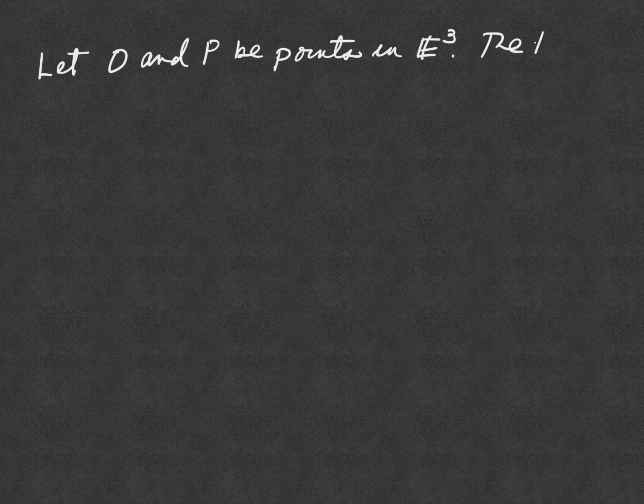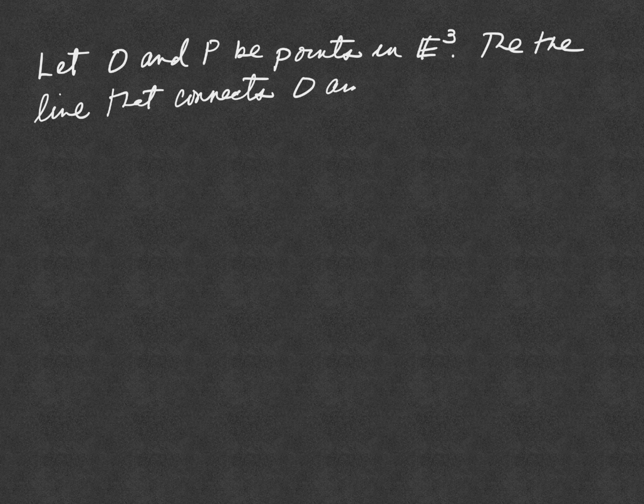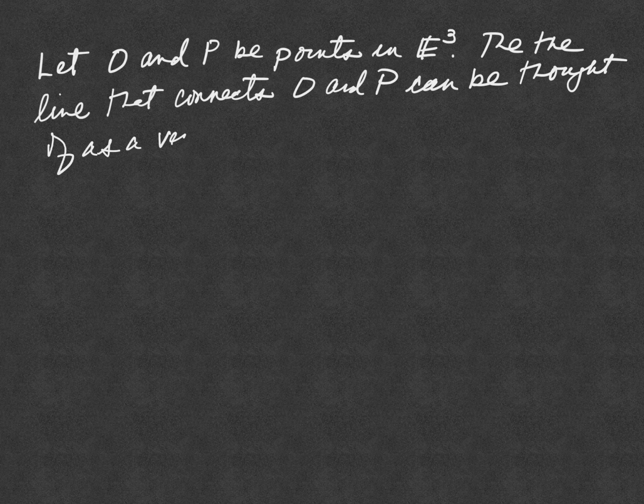Then the line that connects O and P can be thought of as a vector. So the way this works is as follows: I have a point O, I have another point P, and if I take the directed line from O to P, that creates a vector. I can arbitrarily just call this vector B.